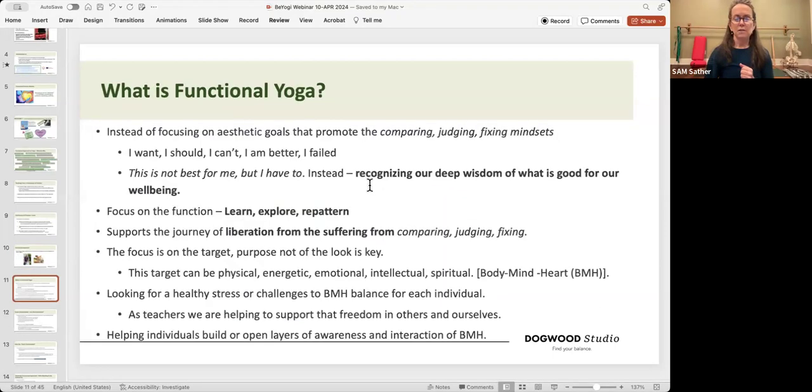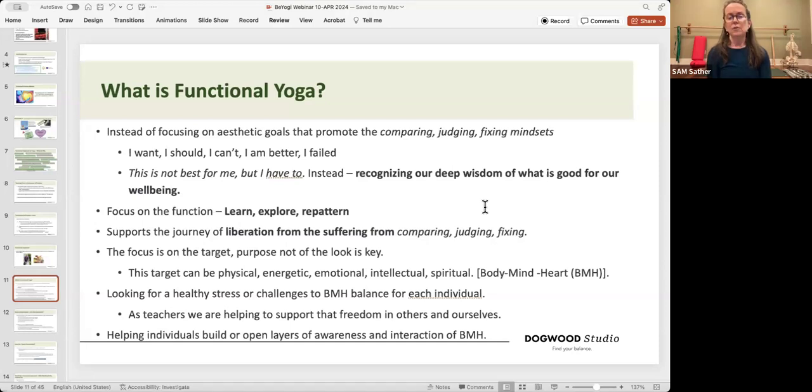So these are a few things I want you to notice if you've already done this in this presentation so far, is listening, and have you done any comparing, judging, or fixing mindsets? Have you thought, oh, I already do it that way, or comparing or judging, I think it could be better, or thinking about how you could fix something, or indifference, that's another one that I could have put on here.